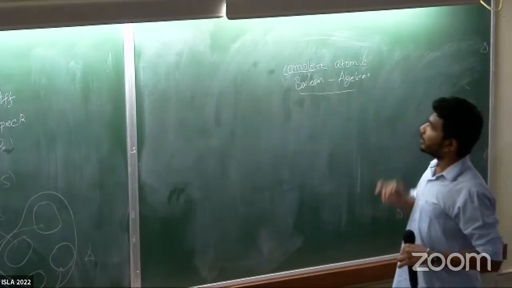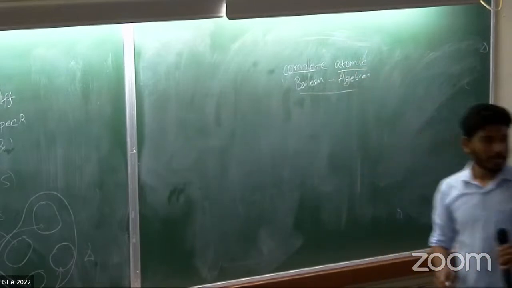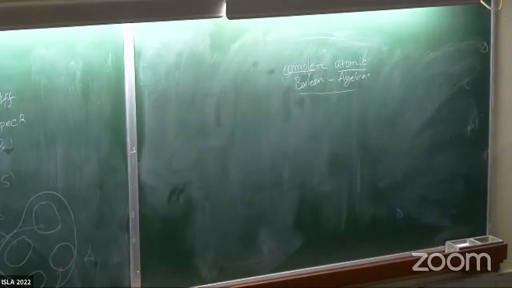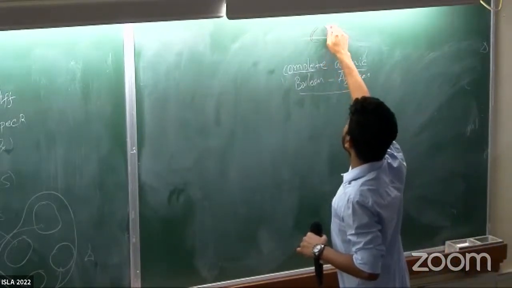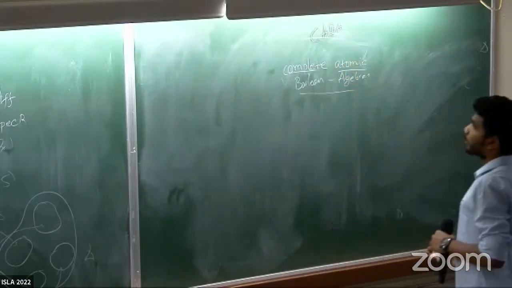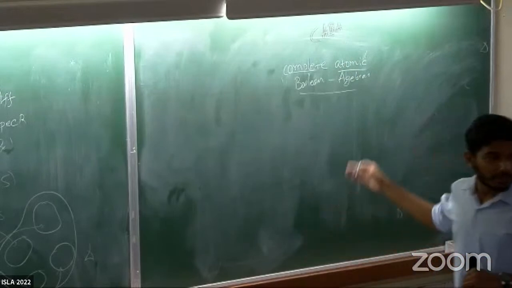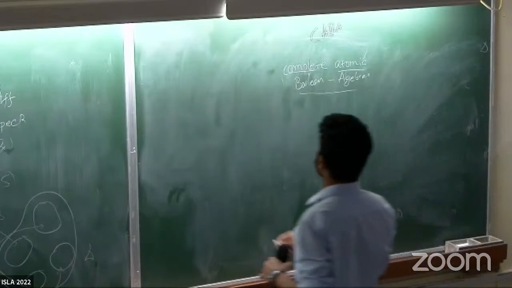And complete means you have all meets. What is atomic? There is a set of atoms, right? Which can give every element as a join. So you have this category of complete atomic Boolean algebras, CABA. You understand this? And morphisms are Boolean algebra homomorphisms, which preserve every structure.